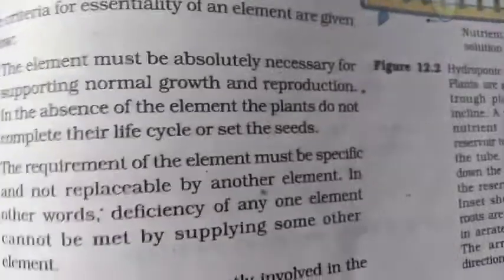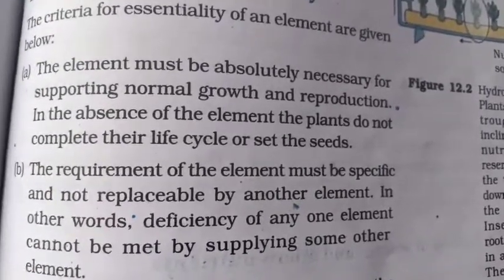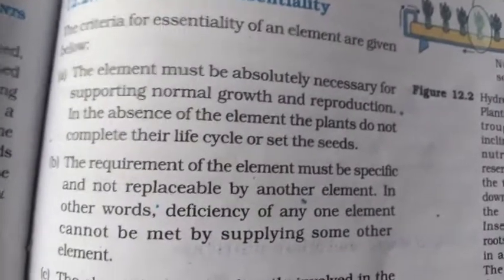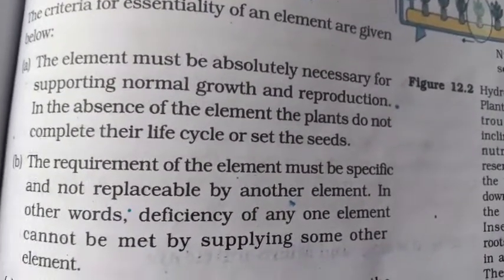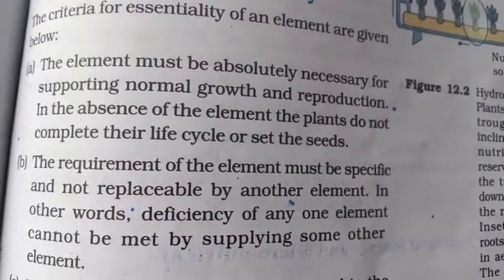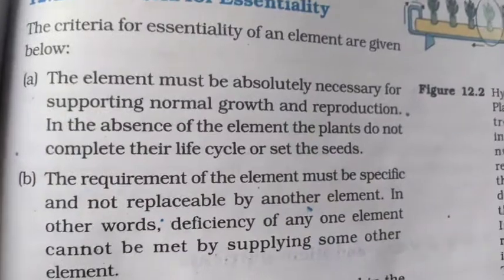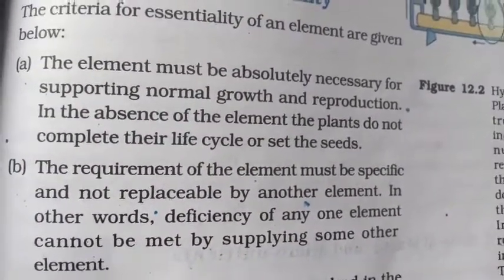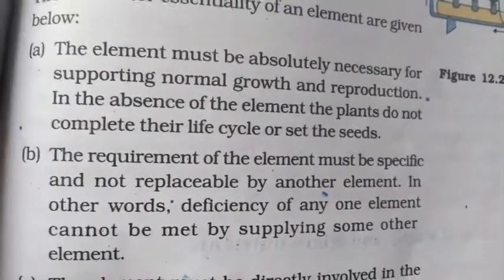Number two, the requirement of the element must be specific. That particular element required by the plant must be specific and not replaceable by another element. In other words, deficiency of any one element cannot be met by supplying some other element.